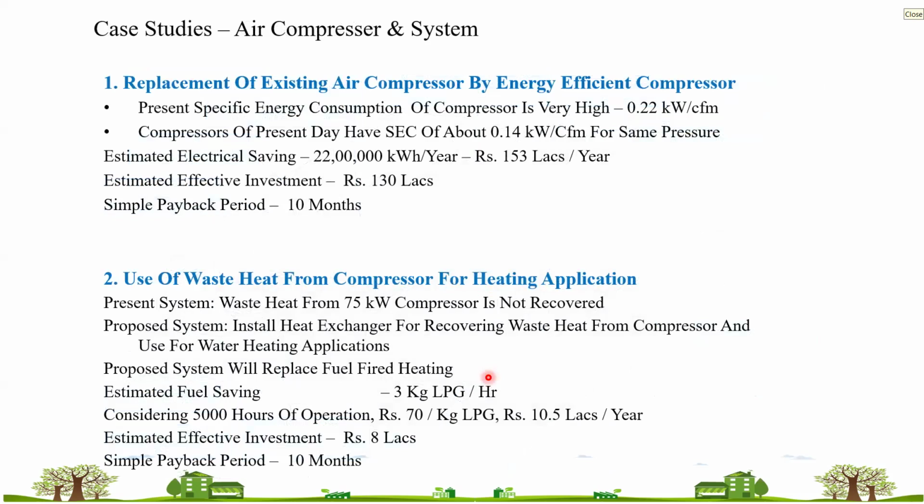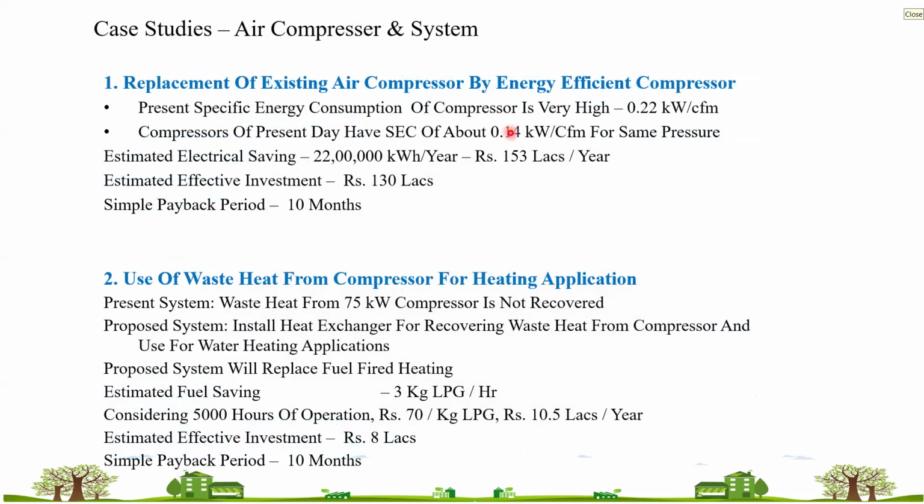And then we are moving to the last part of our session, which is case studies. One, two, three case studies are there. Replacement of an existing air compressor by an energy efficient compressor. Our current specific energy consumption is 0.22.